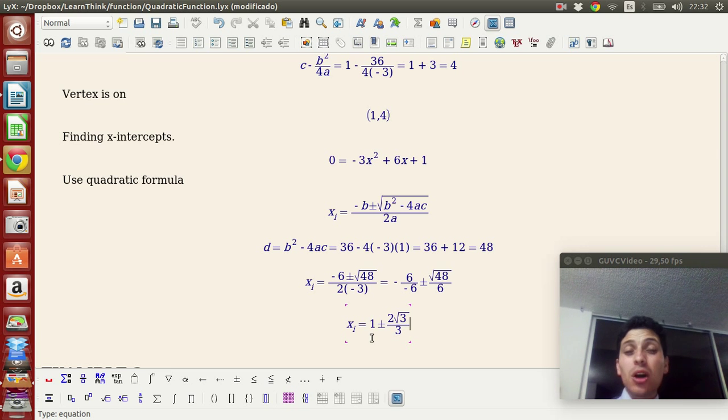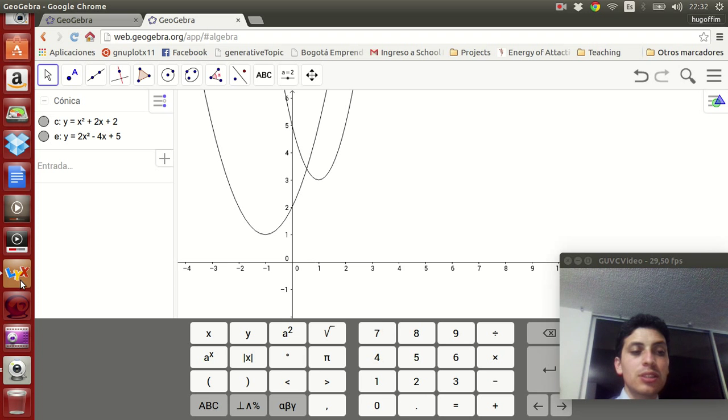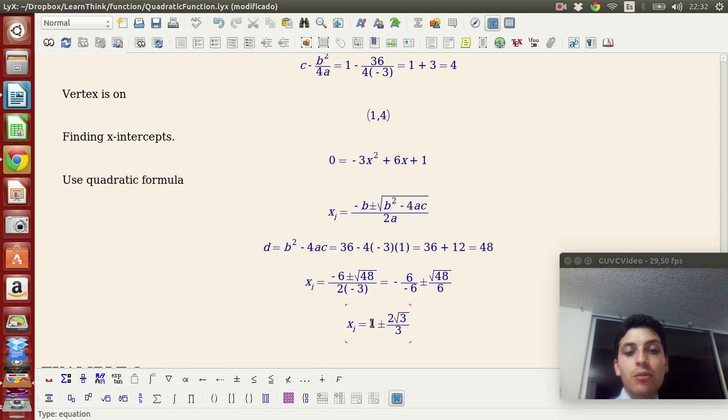So what do we have now? If you don't have any idea how the function looks, you know already that the y-intercept is at 1. So it is going to pass by here. You know that the x-intercepts are 1 plus 2 square root of 3 divided by 3.